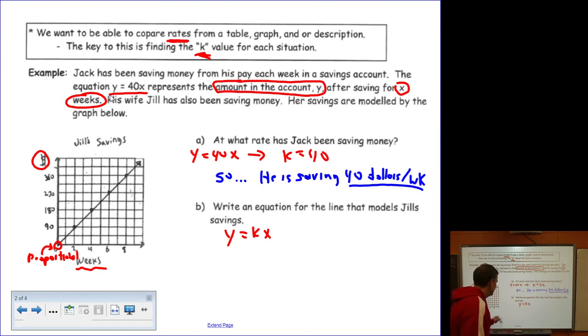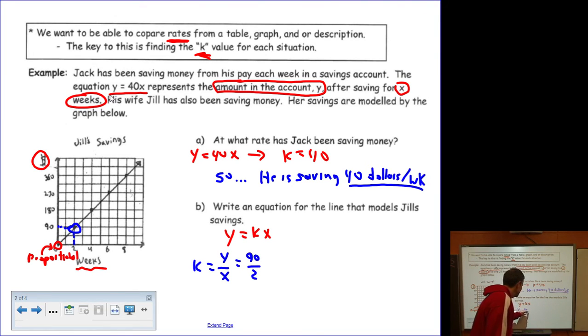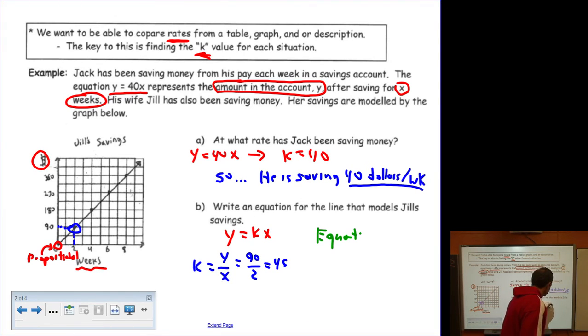And to figure out what k is, I take any ordered pair on the graph, like say this one, and I use the x and the y value from that to calculate k. So in this case, that would be 90 over 2, or 45. So her equation would be y equals 45x. All right, y equals k times x.